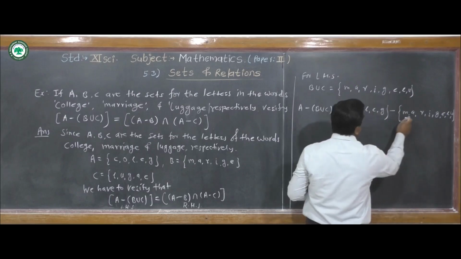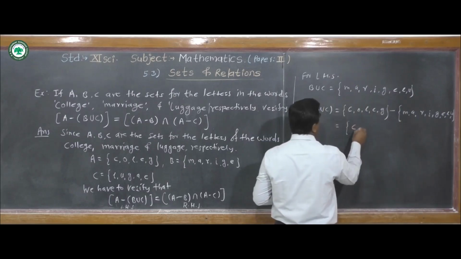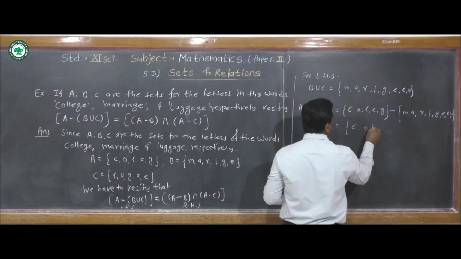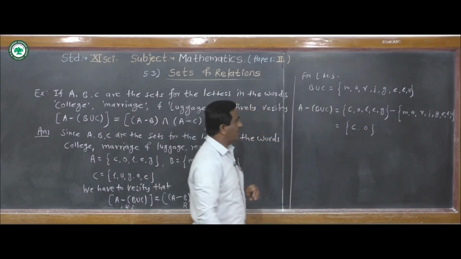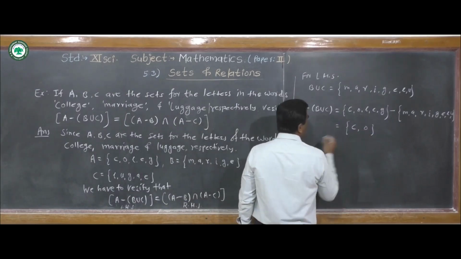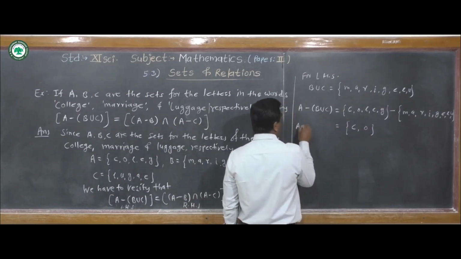Therefore C is not in the set B union C and O is also not in B union C. Therefore A minus B union C is equal to, in curly bracket, C comma O, two elements in this set.